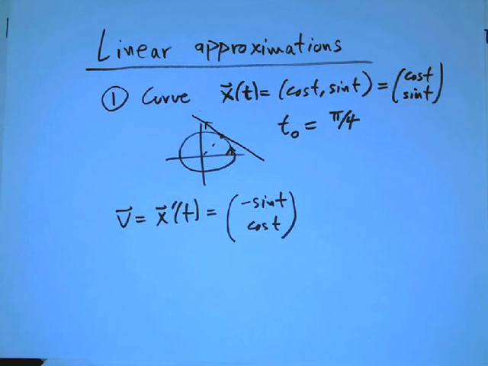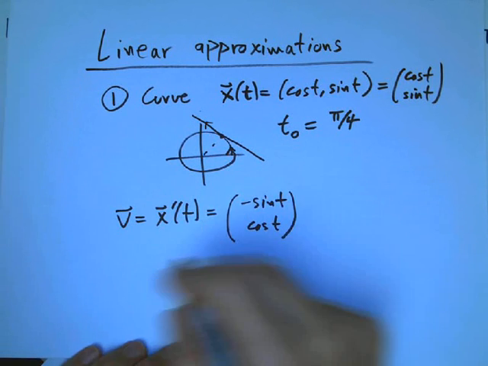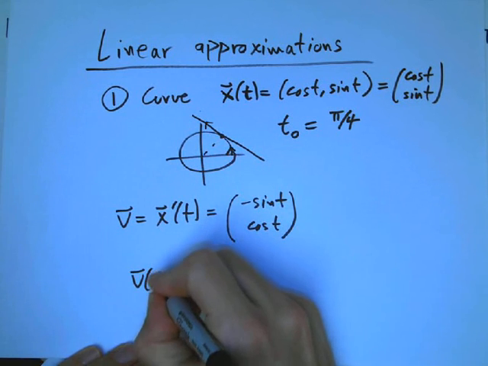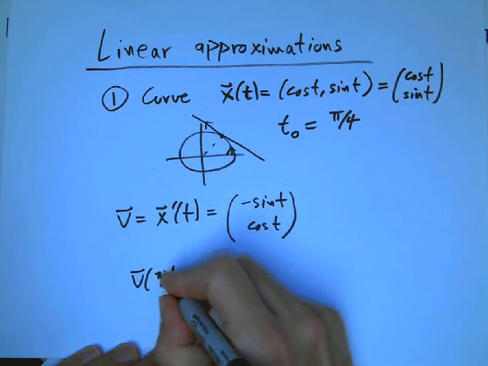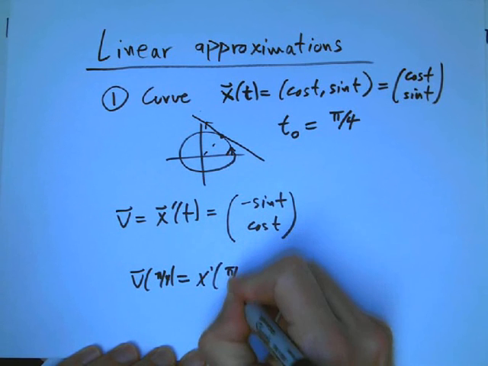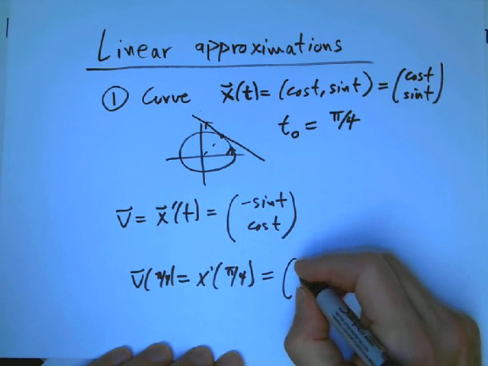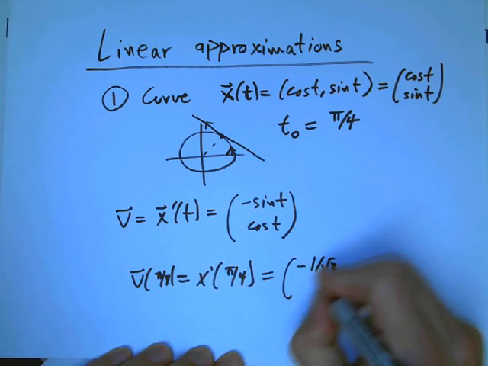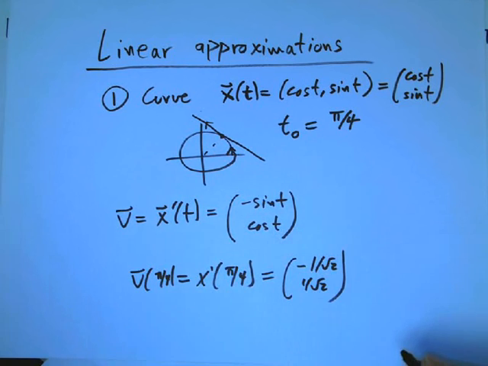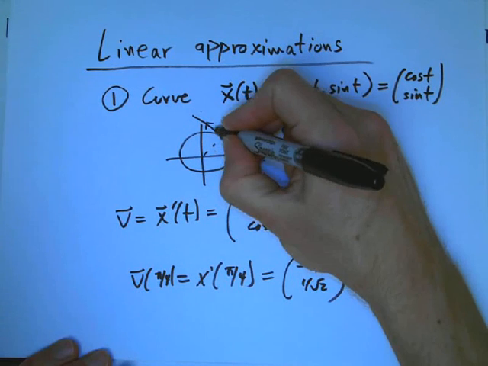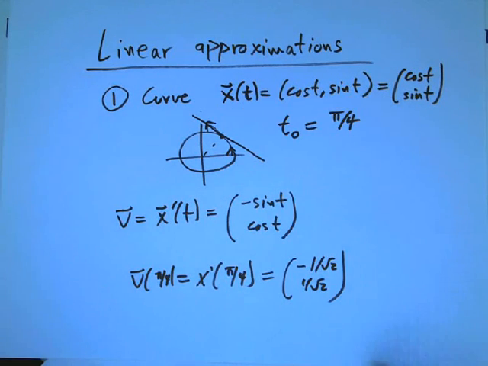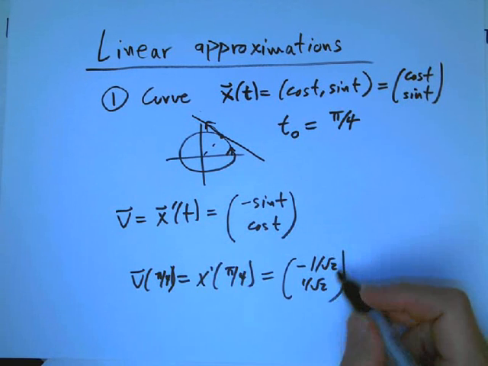So v at pi over 4, or x prime of pi over 4, is minus 1 over root 2, 1 over root 2. And that's this arrow going up here. Now, that's the derivative as a vector.